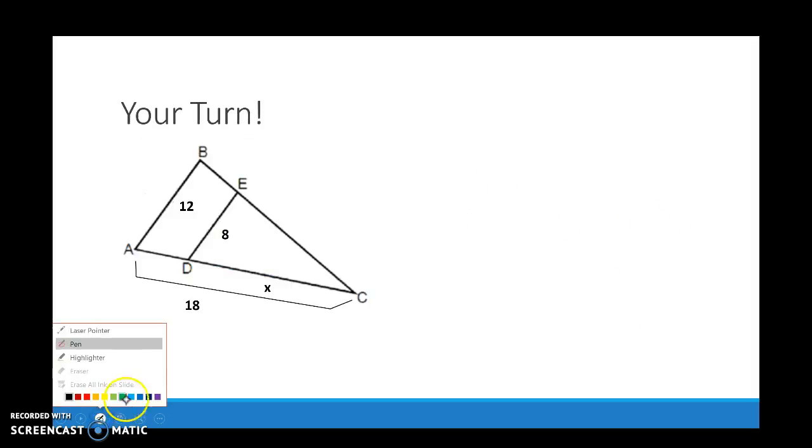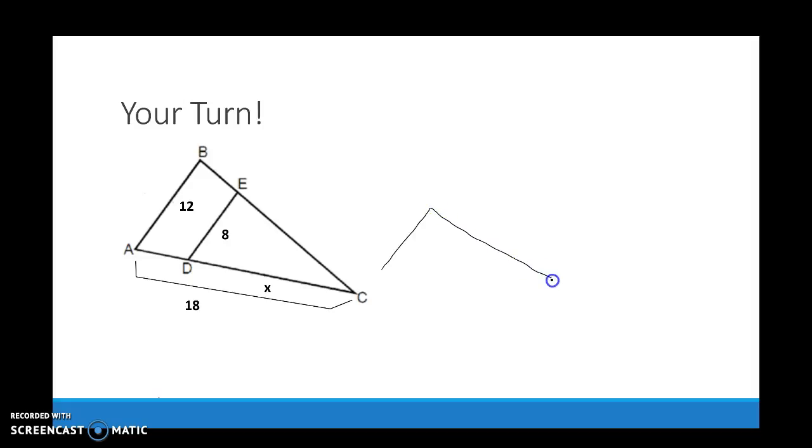All right, last problem. We should go ahead and draw the figure separately, right? And then go ahead and do your corresponding sides and see if these two shapes are similar.